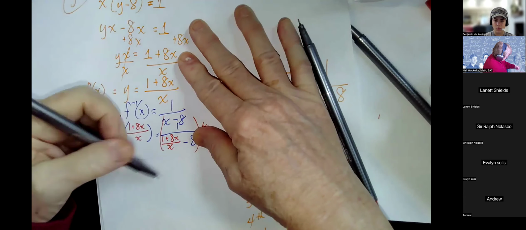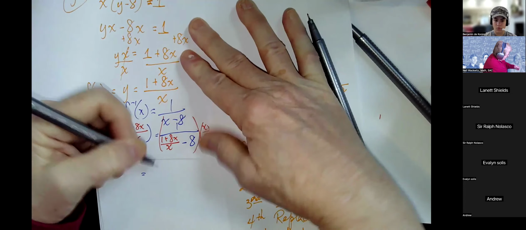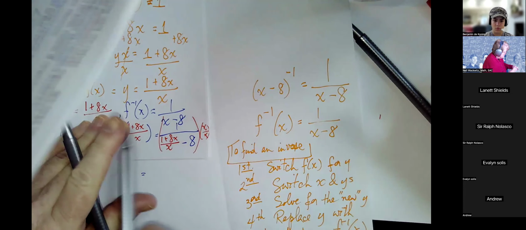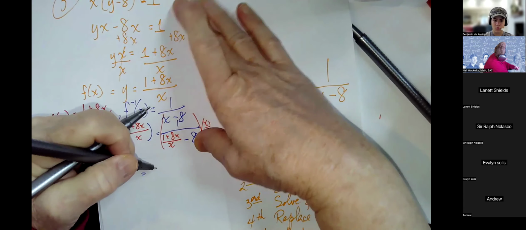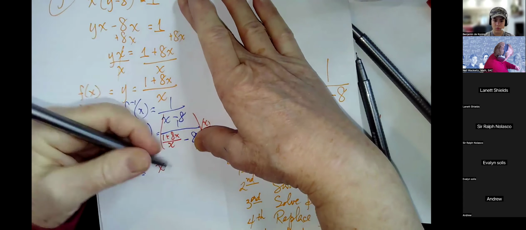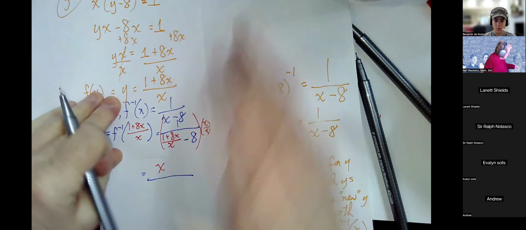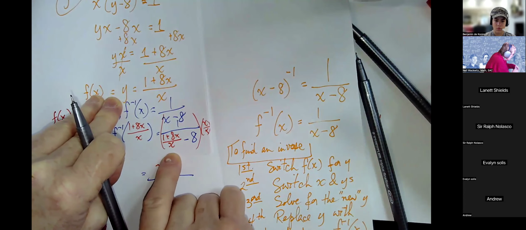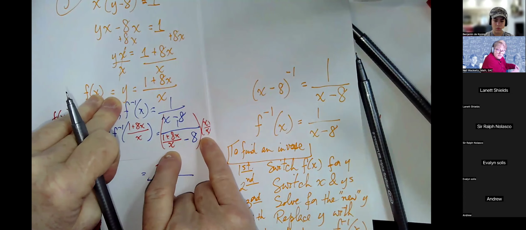So in the numerator, I've got 1 times x, so that's just going to be x. In the denominator here, I've got 1 plus 8x over x times x.